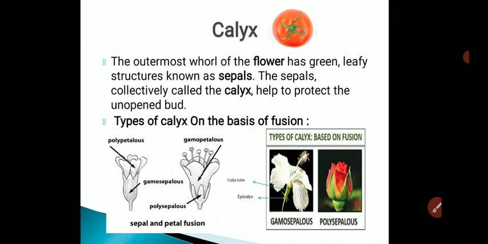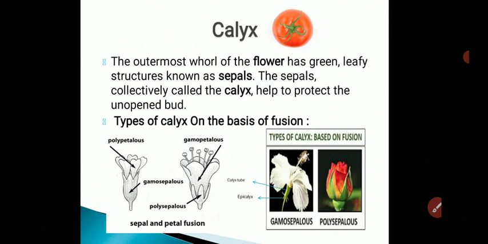Look here. In the gamosepalous condition, the green part of the calyx at the outermost whorl of the flower forms a small tube-like structure and the upper part is free. This is the partial fusion of sepals, known as the gamosepalous condition, which is generally found in hibiscus. Look at the two diagrams here.